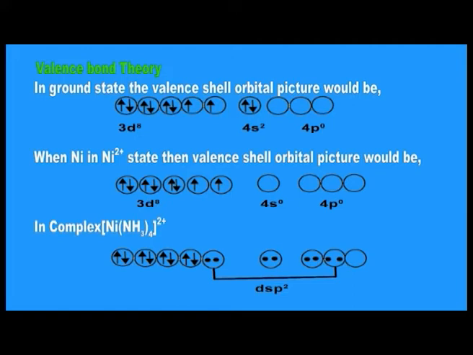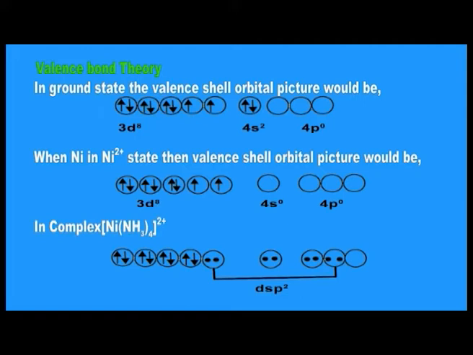The orbital picture of the same would be as follows. Ammonia is the ligand, each of which provides a sigma orbital containing a pair of electrons. Since there are 4 ligands combining with Ni2+, the coordination number of nickel here is 4. It means Ni2+ provides 4 hybridized vacant orbitals.